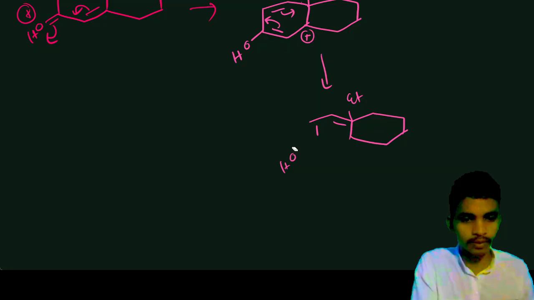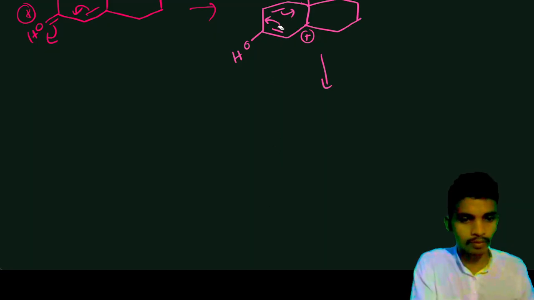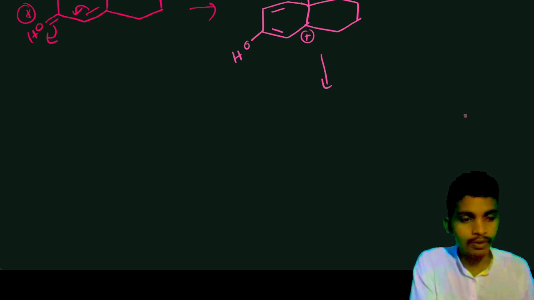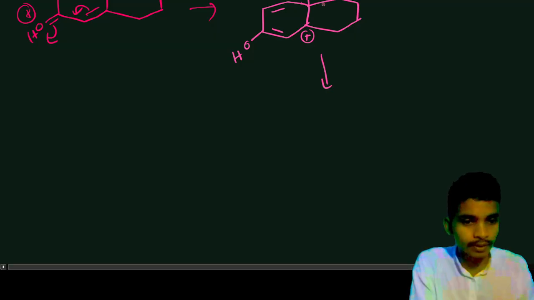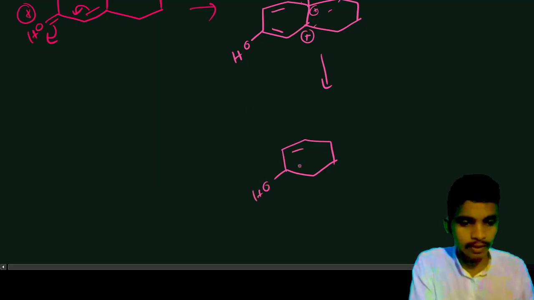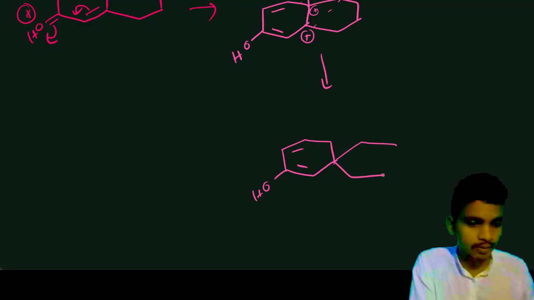It will not move to this one. So this is positive. Then I can make this negative and this positive. I want to make the bonds here. Here we have the OH, and this is going to be the 5-member ring. And here is going to be the ethyl, and here you have the positive charge.